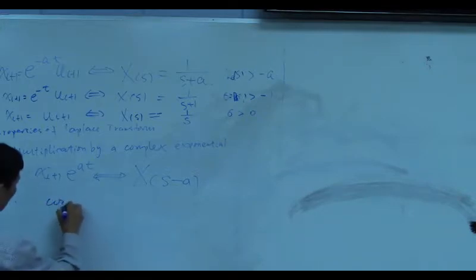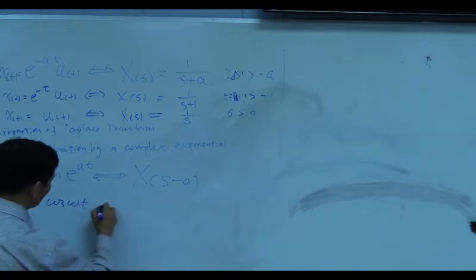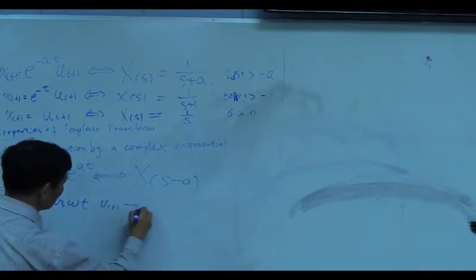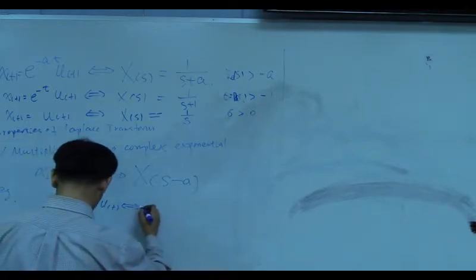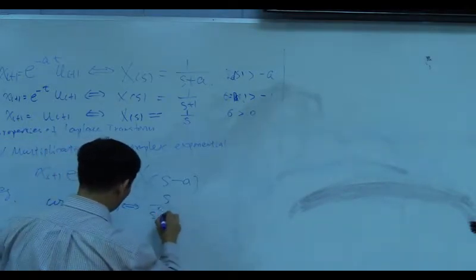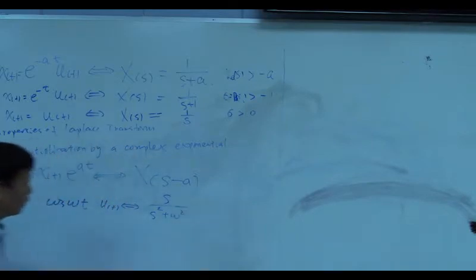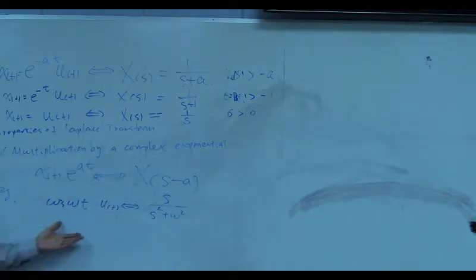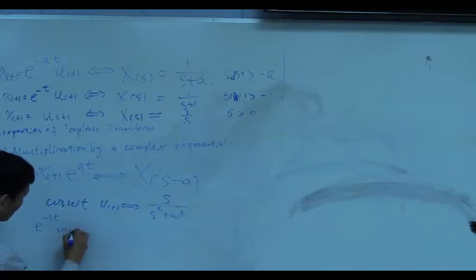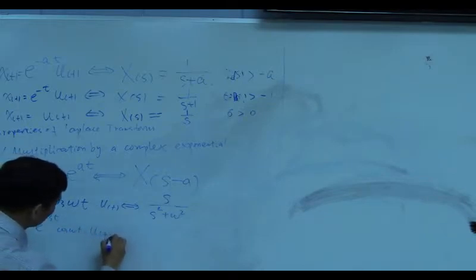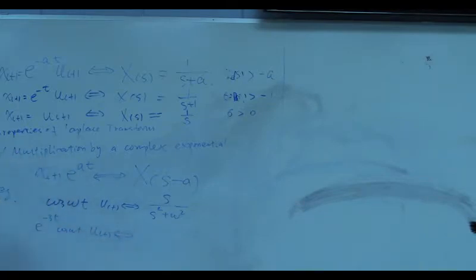Suppose cosine omega t times u(t), right? This one gives us s over s squared plus omega squared. Suppose this is correct. Then I multiply by e to the negative 3t, cosine omega t times u(t). What is this?